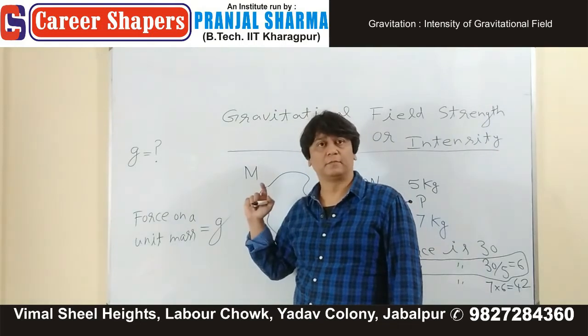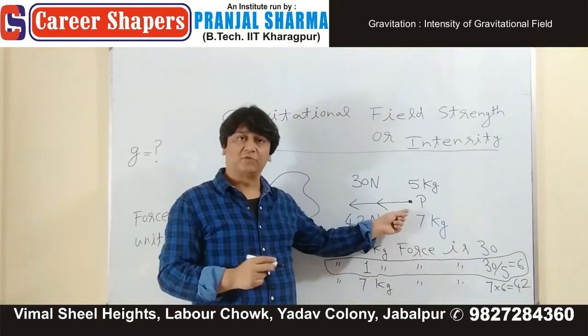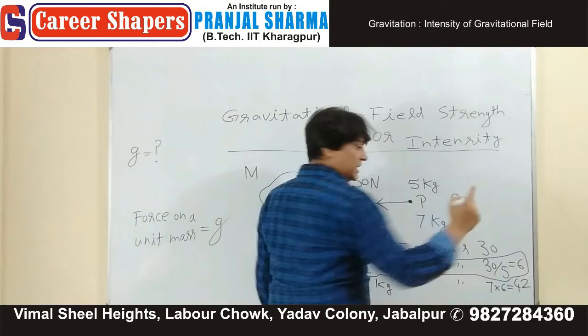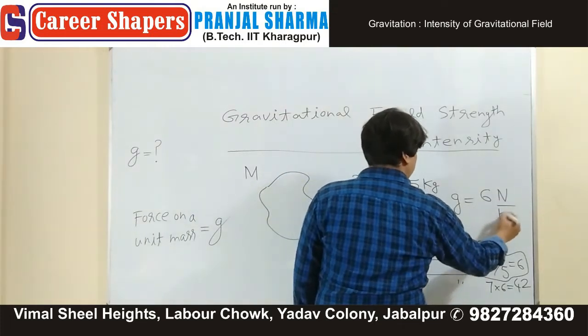G. Next time they will give you an information like this. At P, G is 6 newtons per kg.